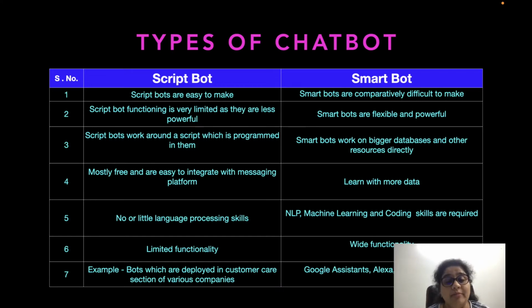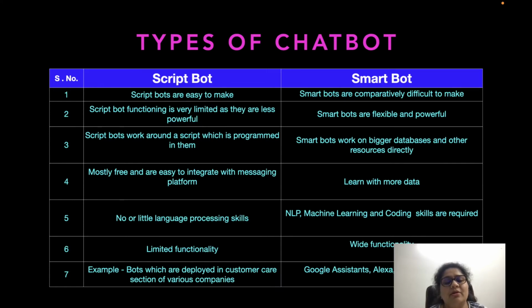So chatbots are essentially of two types, script bot and smart bot. A script bot, from the name also you can understand, is the bot which is already scripted. Scripted means some pre-fed questions and pre-fed answers. That's all.